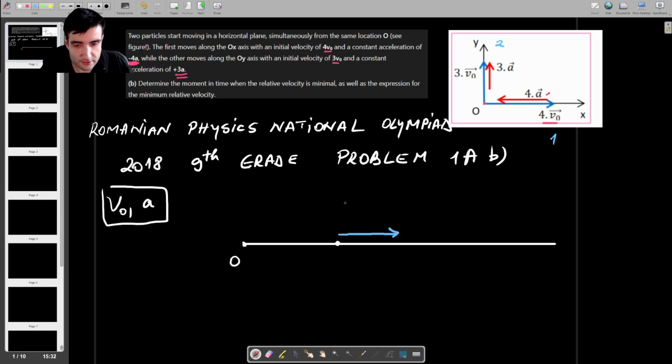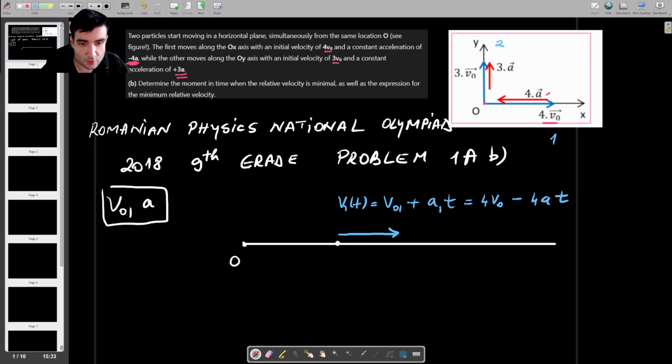The velocity of the first particle as a function of time can be written as v01, the initial velocity, plus the acceleration multiplied by the time. Putting in what we know, the initial velocity is 4v0, and the acceleration is negative, so it's going to be 4v0 minus 4at.